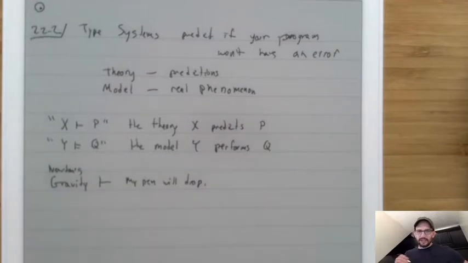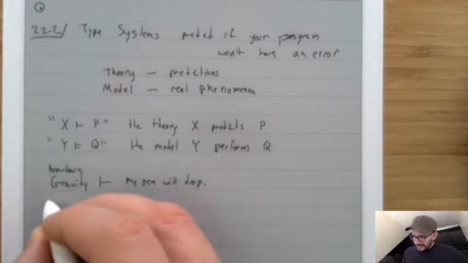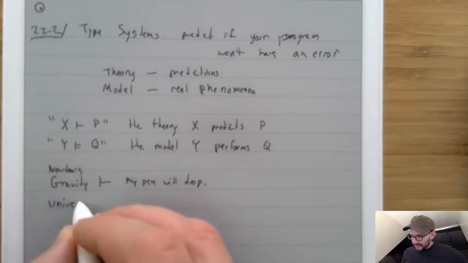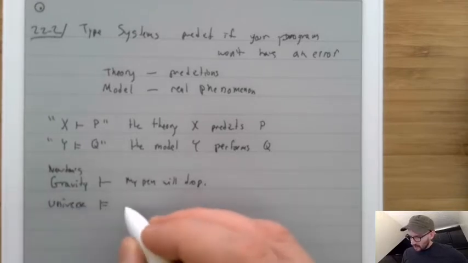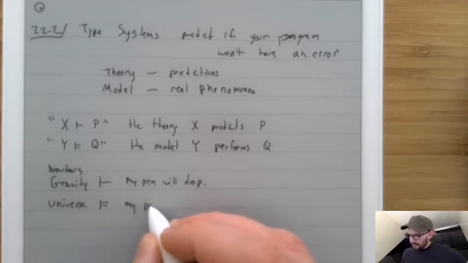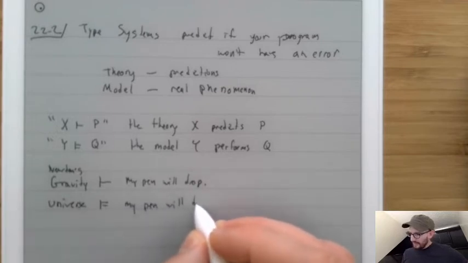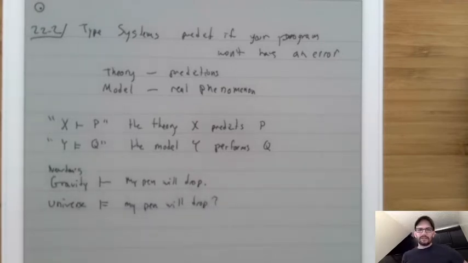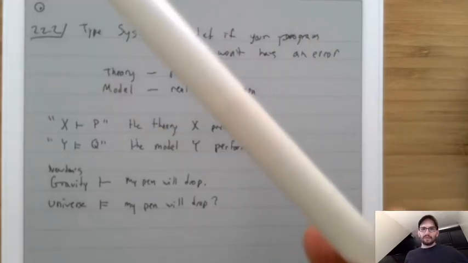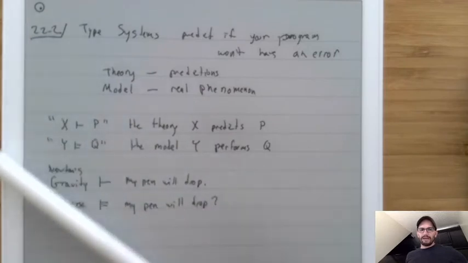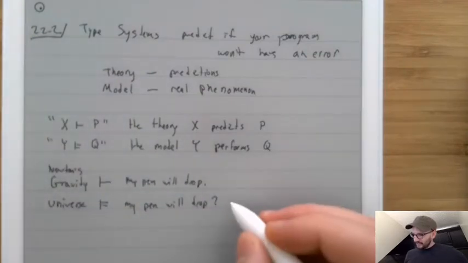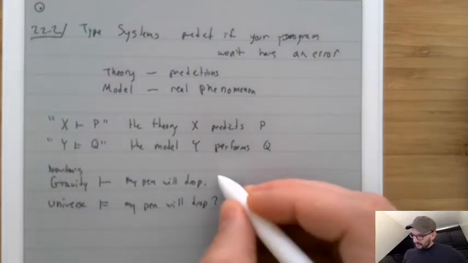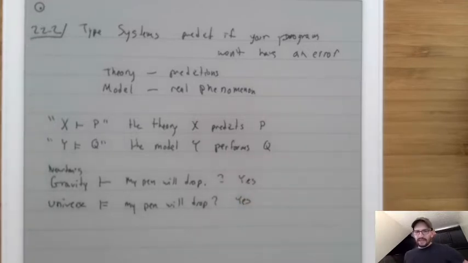That is a prediction that a mathematical theory can make. Now the question is, is it the case that the universe itself also performs that action? Is that true? Well, we have the universe right here. Let's see what happens. I'm holding it, now I drop it, and bam, it falls down. So the answer is yes. So they both say yes. In this case, the theory and the model agree.